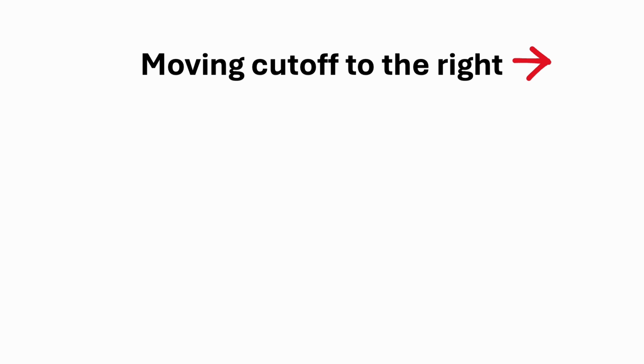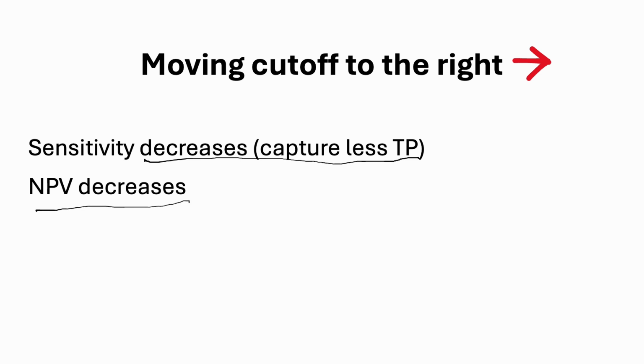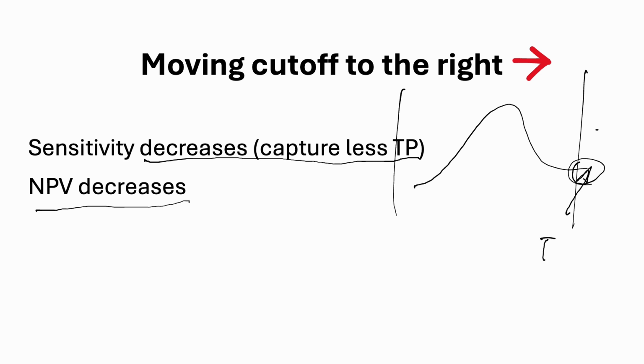So when we move the cutoff to the right-hand side, our sensitivity decreases because we're capturing fewer true positives, and our negative predictive value also decreases, right? Because if you think about it, we're moving the threshold to the right, so we're going to have fewer things that we're actually calling positive, but we have very few false positives because very few of the people in the true negative population are going to be called positive.